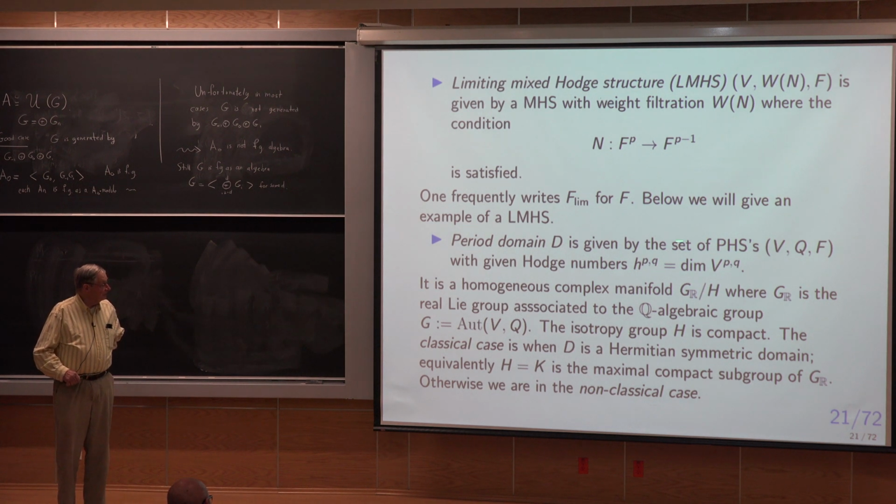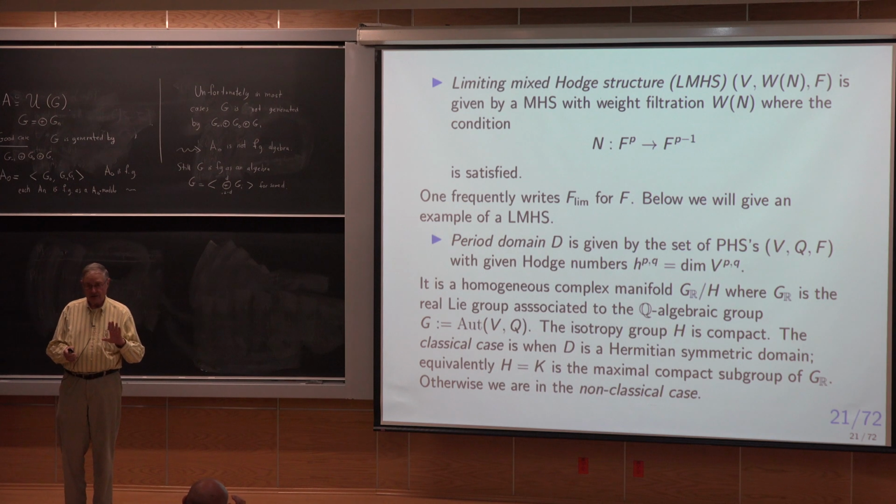Period domains, that's just the set of polarized Hodge structures with given dimensions of the h^{p,q}. Here one begins with the classical case of Riemann surfaces of genus 1. The period domain is just the upper half plane. That's the ratio of the periods of the holomorphic differential on a Riemann surface of genus 1.